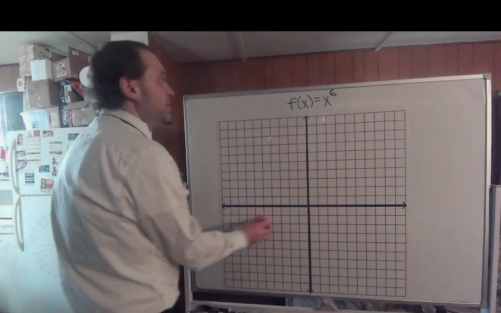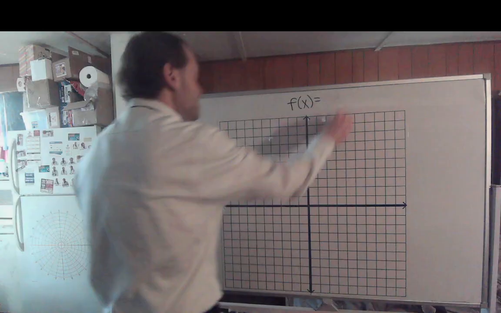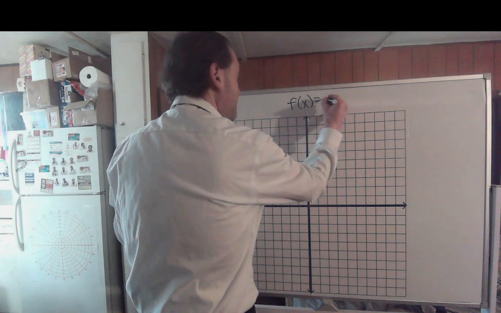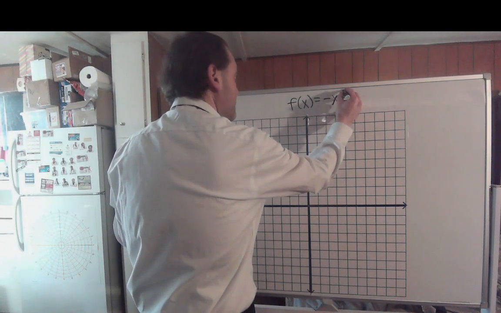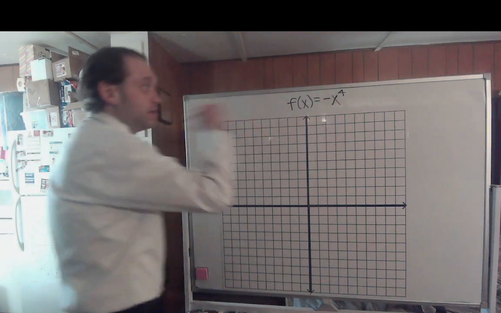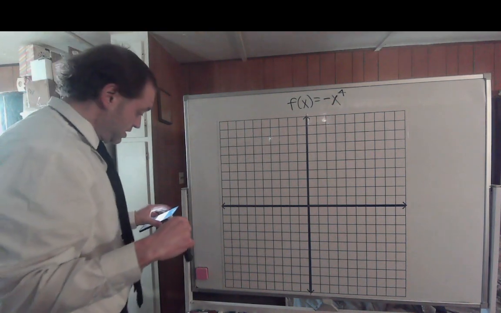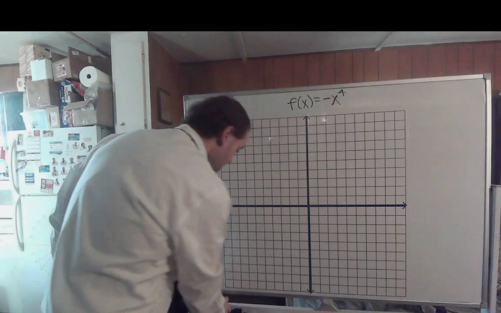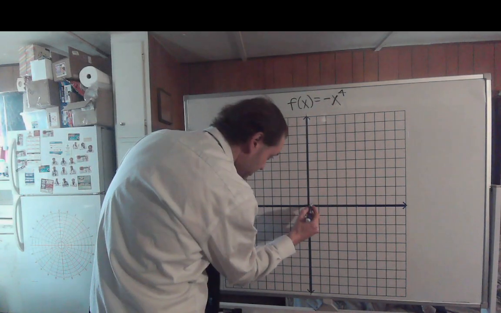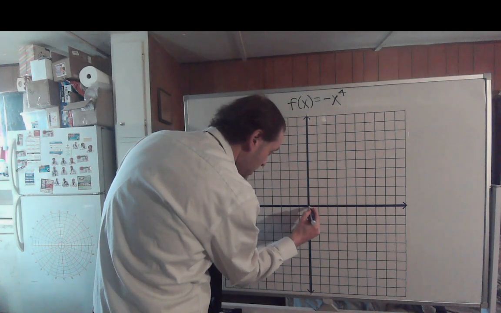Now, let's shift it a bit here. Let's just change this up a bit. If I take f of x equals negative x to the fourth, so now we have a negative coefficient on the x to the fourth term, right? Well, let's put in 0 for the x. You'll still get 0, 0.